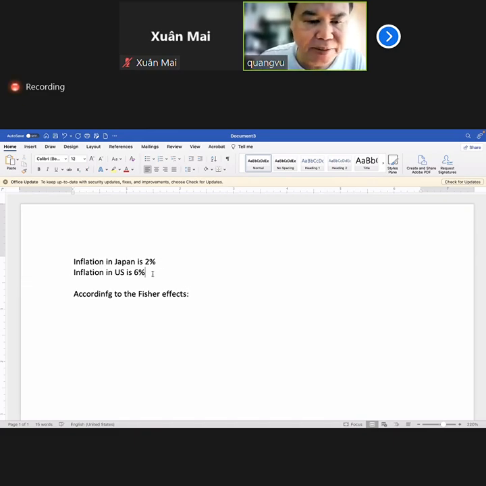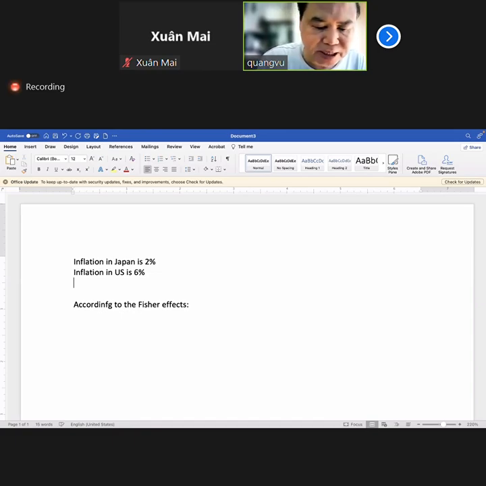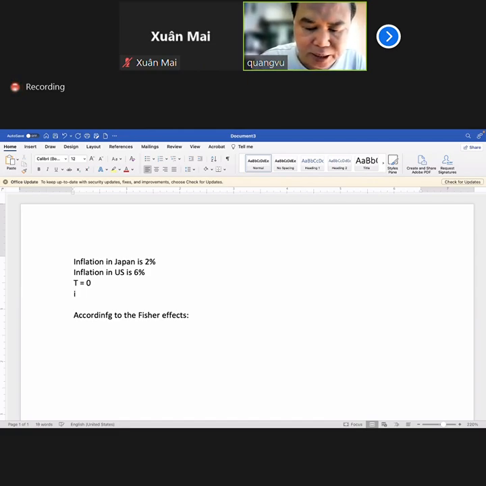Look at the beginning, right? At t equals 0, you observe the nominal rate in the United States, the nominal rate i in the United States.